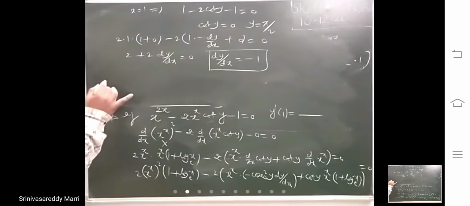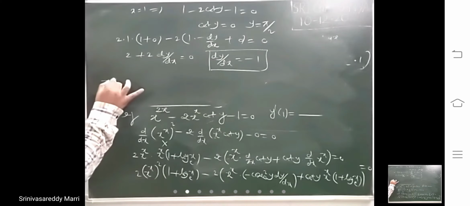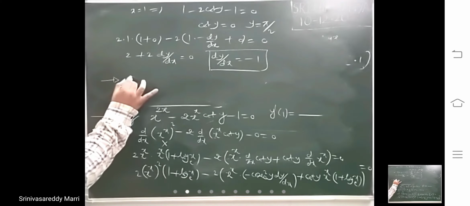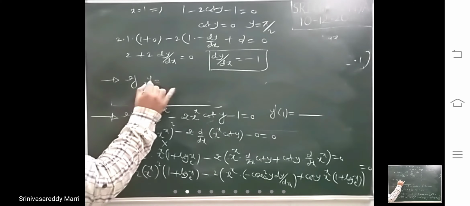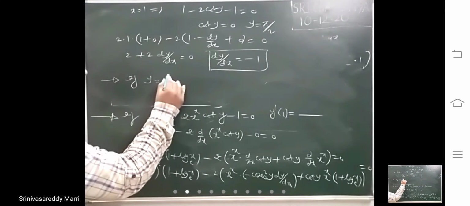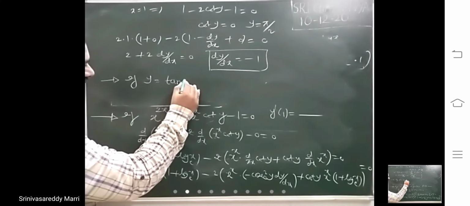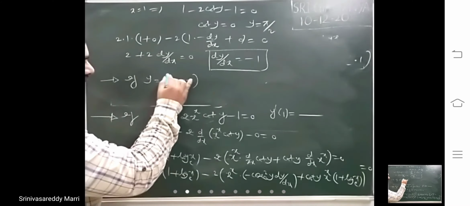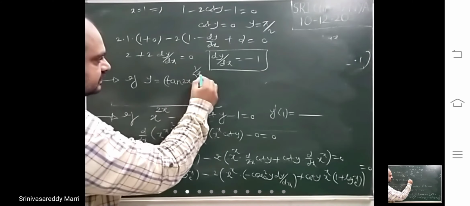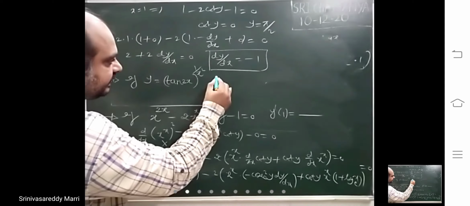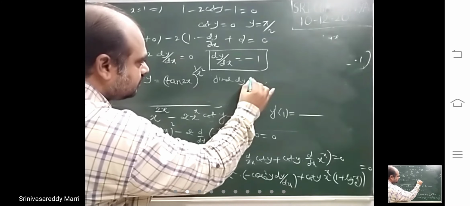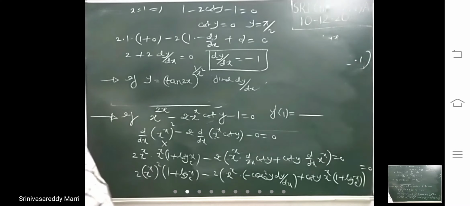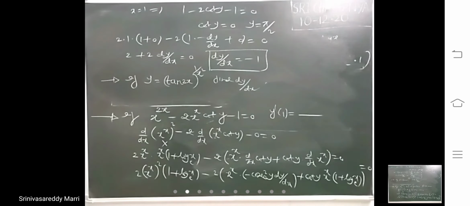Next, suppose another example. If y equals tan 2x to the power 1 by x square, find dy by dx.